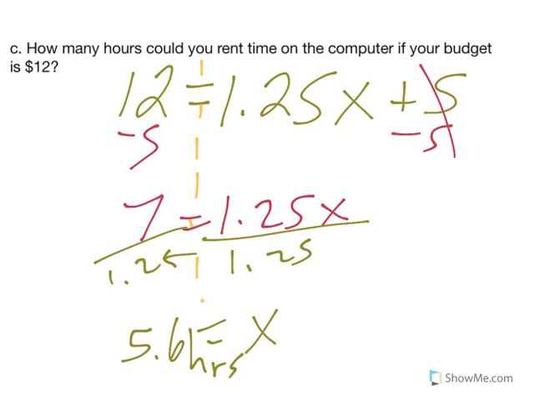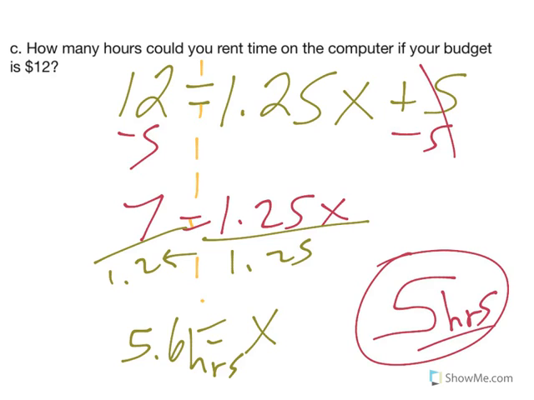Now, I don't know anything about renting computers at a copy shop, so they might let you do partial hours, perhaps. They might not. If they say you have to do full hours, then you can afford 5 hours. But if they allow partials, then you can do 5.6. So totally depends on, I guess, the coffee shop that you're at.